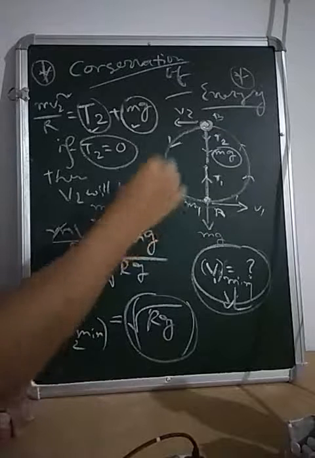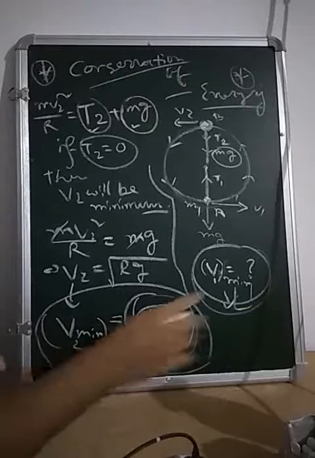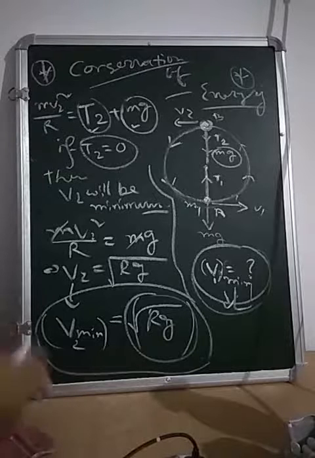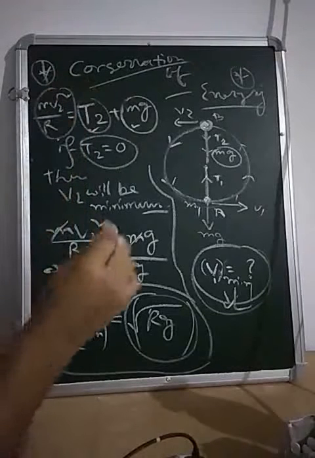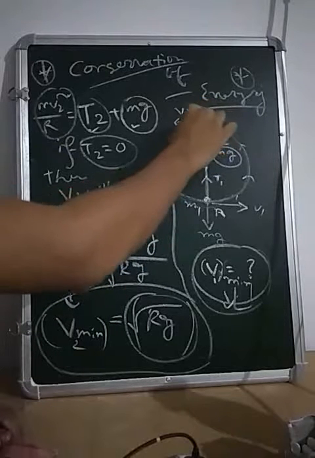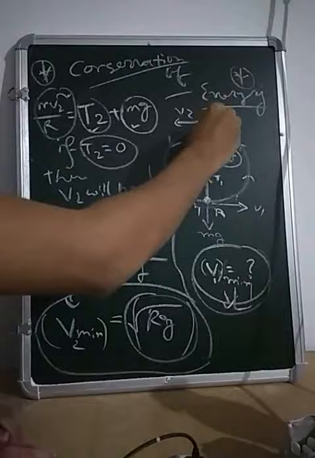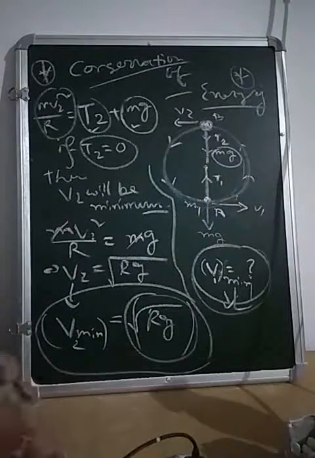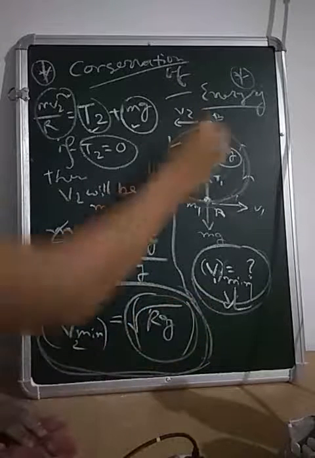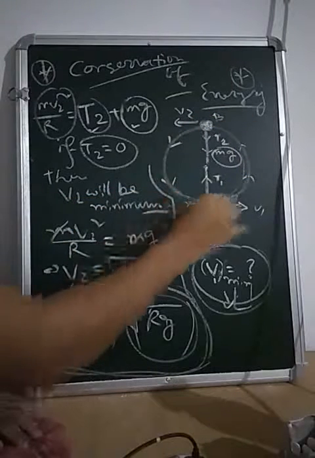So I've solved this problem by simply considering the centripetal force: we can calculate the minimum velocity at position B for a body of mass m to complete a vertical circle.